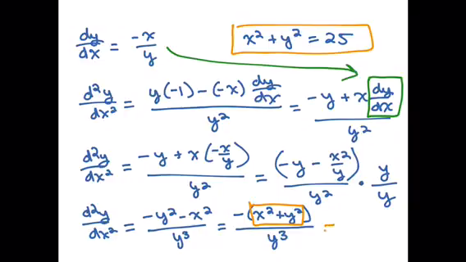So my second derivative can actually be written as negative 25 over y cubed. That will not happen in every problem. That is just something that happened in this problem and was interesting to see.